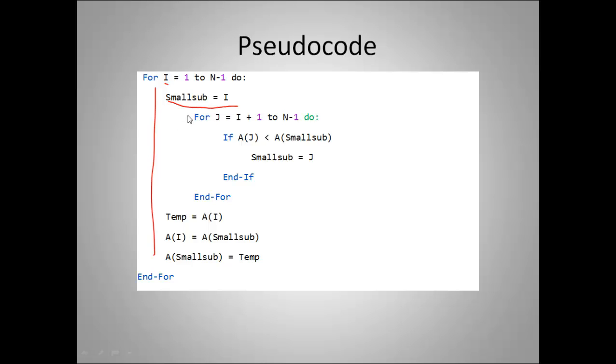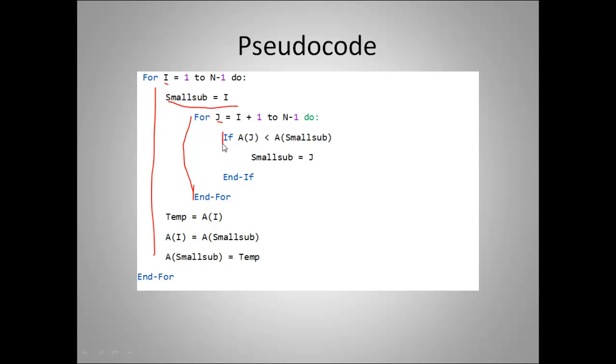Inside this for loop, we have another for loop, which we're going to use to track j, the index number of the item we're comparing. So if we're looking at the number 1 and we're comparing the number 3, i is going to be equal to 1 and j is going to be equal to 3.